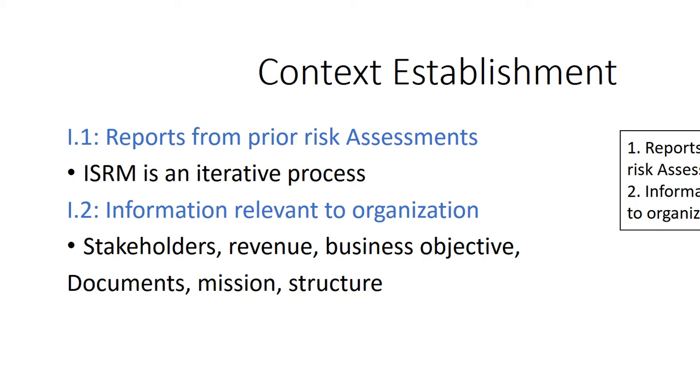That's why it's important that you have these details with you so that you can reuse them in order to establish the context. And you also need all the details about the stakeholders, the revenue of your business, the objective of your business, the different documents that are involved in it, the structure, the hierarchy in your organization, so that you can gather all this information while conducting the activity of context establishment.